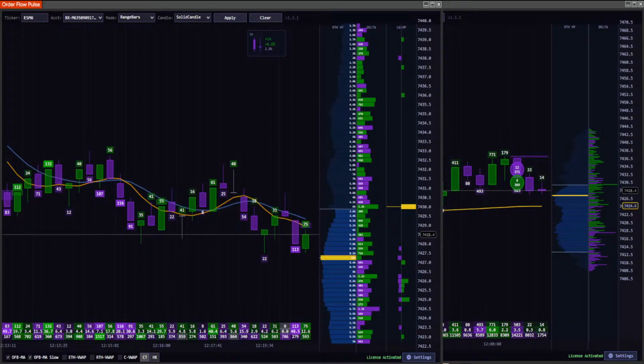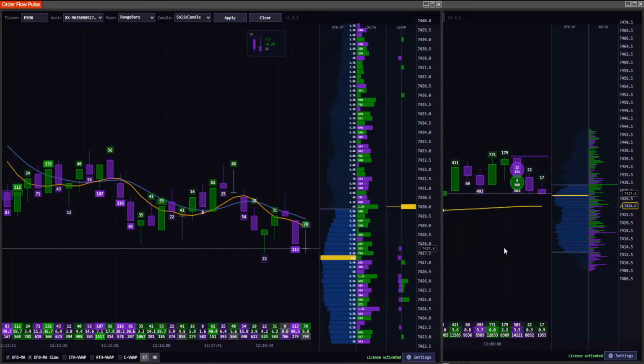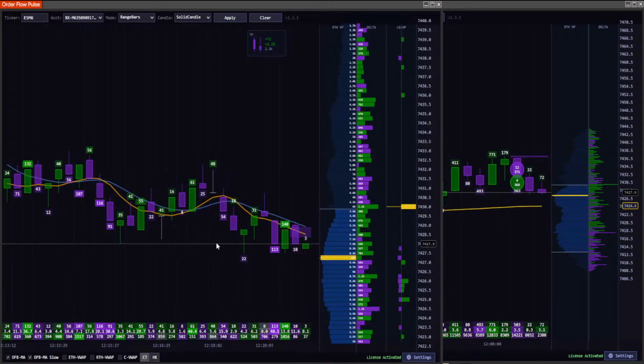And the connection, when you go to connections, you just go to Rhythmic, connect this system, Apex connected. But once the multi-user stuff is done, then I can start having people test it out. And it's going to be a little bit more user-friendly than this.